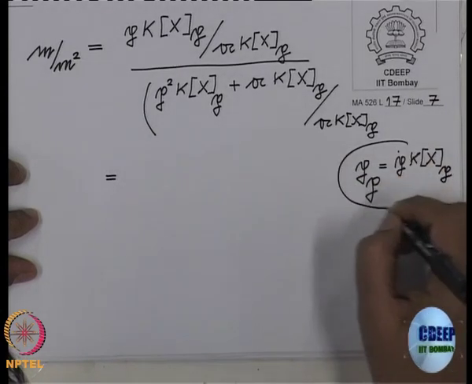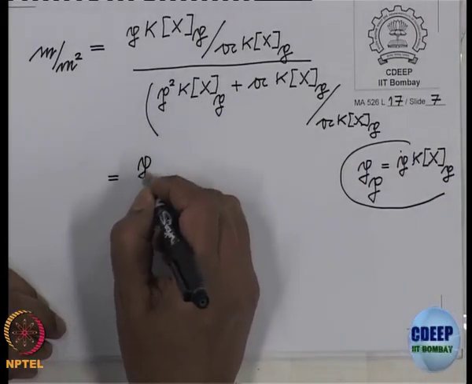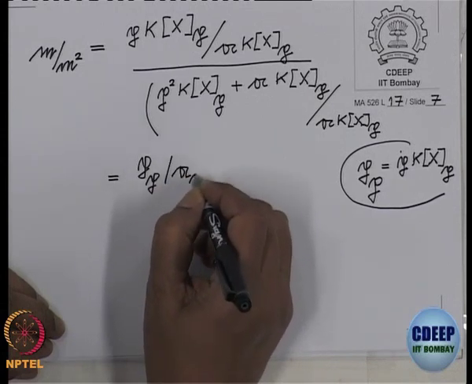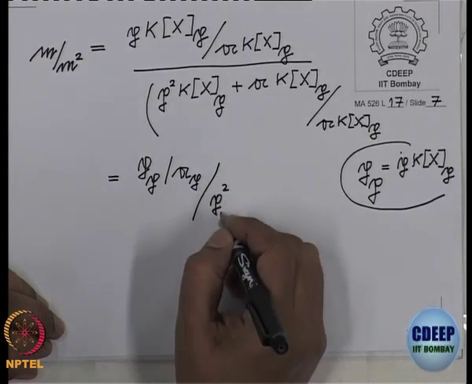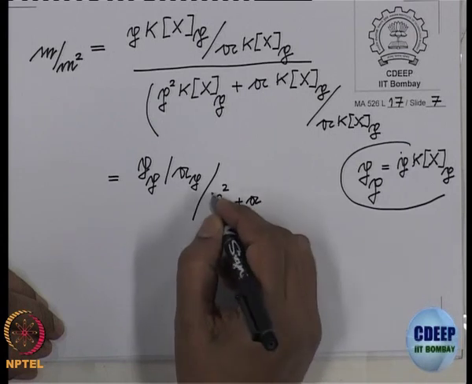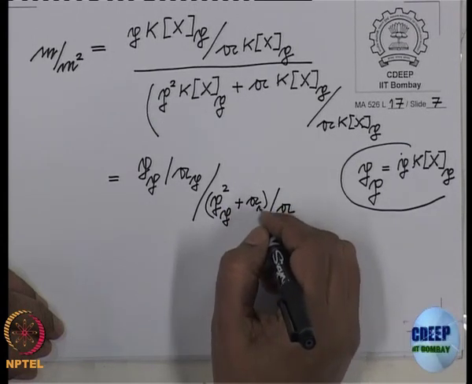If you use this short form, then this is nothing but p mod AP, and then you are going mod p square p plus A, and mod A, this is also suffix p.